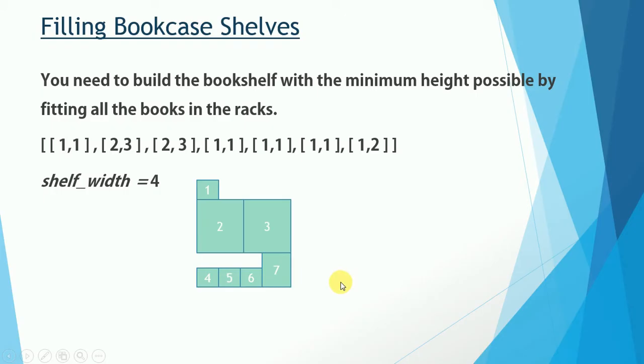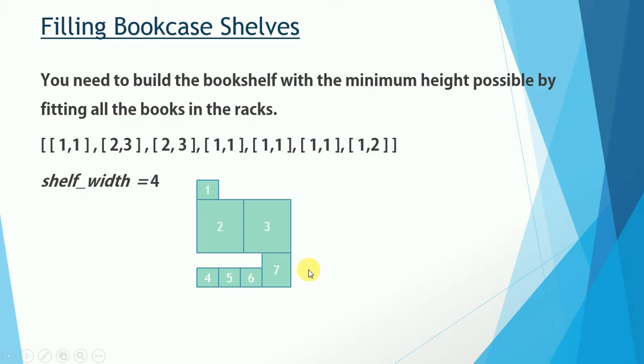One important thing which you have to remember is that the combined thickness of all the books placed on a single rack must not exceed 4, which is my shelf width. So as you can see, the last 4 books have been placed on the last shelf, and the combined thickness of those 4 books is coming out as 4, which is equal to our shelf width.